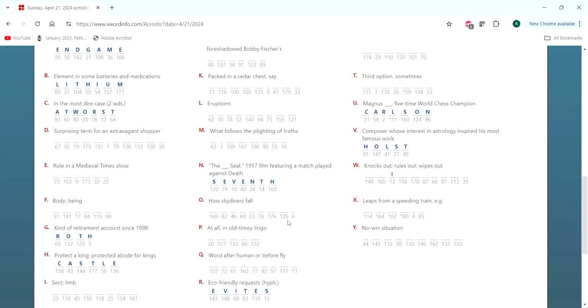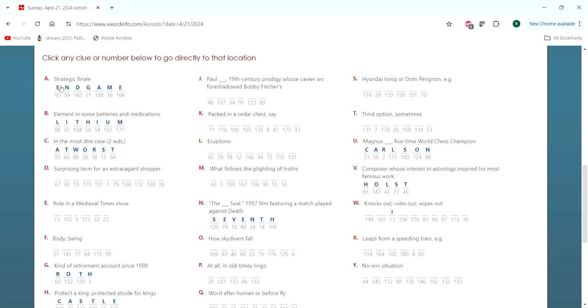Another super interesting element of an acrostic is that when you complete it correctly, the first letter of every clue, when read down like so, is going to spell out the author of the quote and the source of the quote, which is usually a book of some kind.